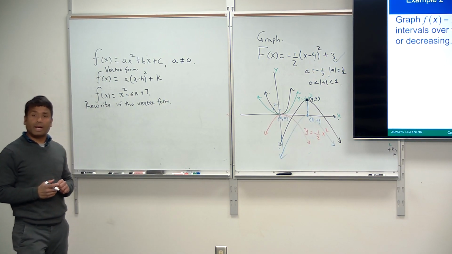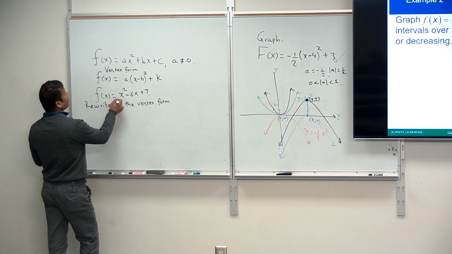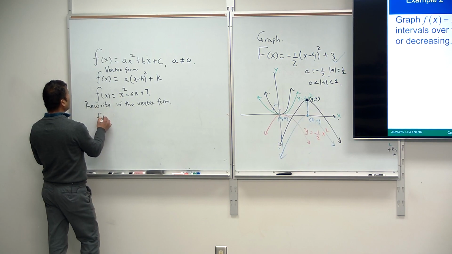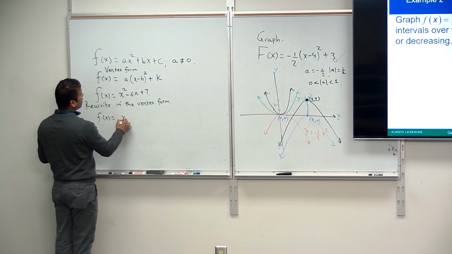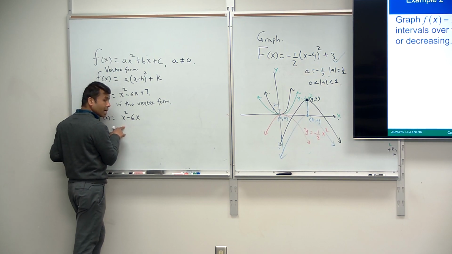But how do I write that? So the thing is this, guys. The value of a is 1 here, so I want to use the method of completing the square.